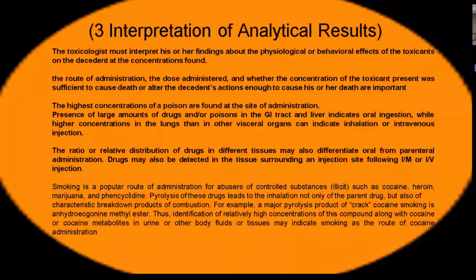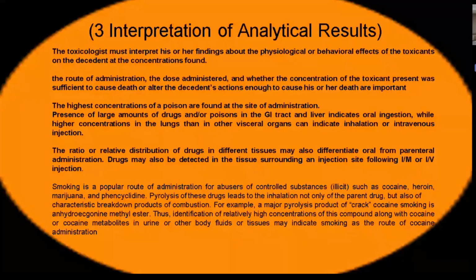And smoking is another route of administration for abusers, where illicit things like cocaine, heroin, marijuana, and phencyclidine are taken. Pyrolysis of these drugs also occurs after inhalation, but the problem happens when cocaine is smoked, as it forms crack, or anhydroecgonine methyl ester.